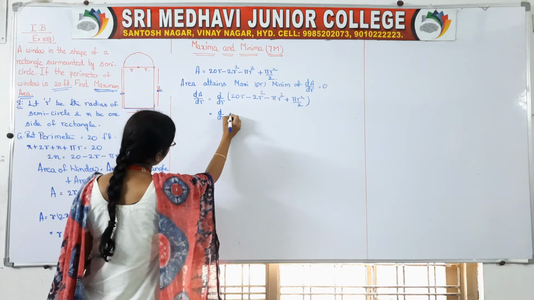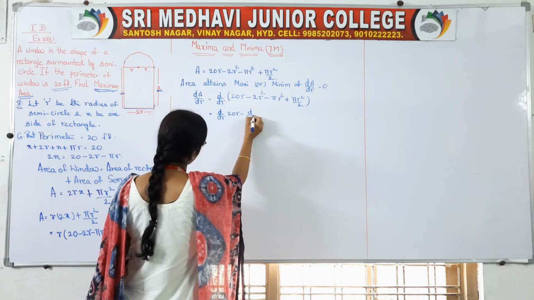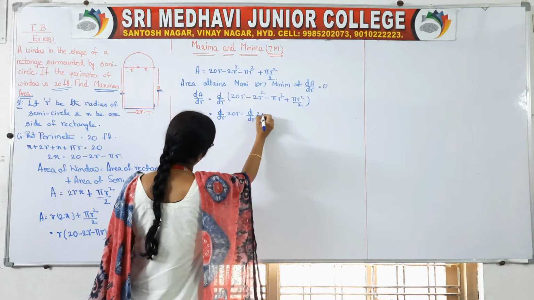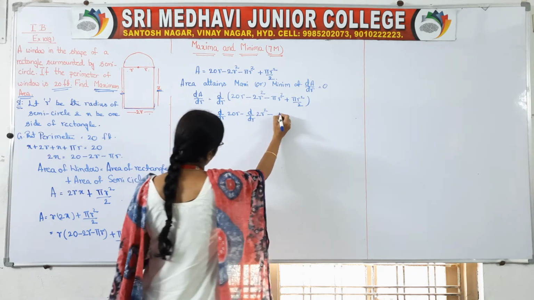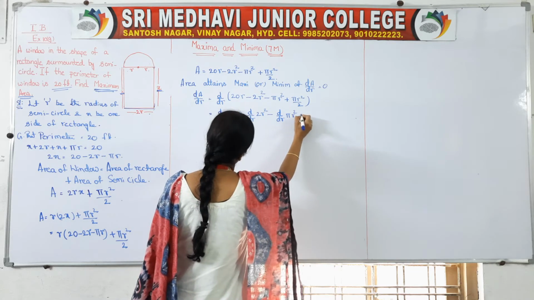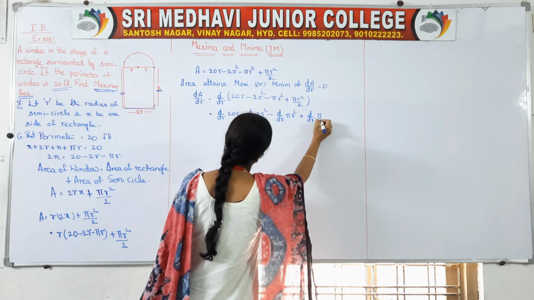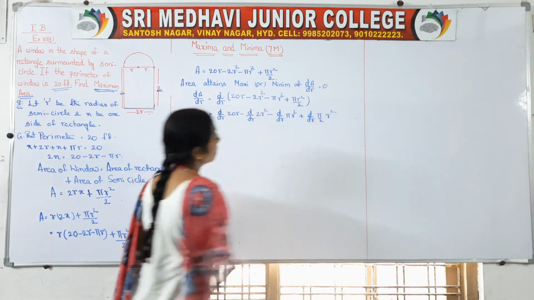You know it very well, isn't it? So, d by dr of 20r minus d by dr of 2r square minus d by dr of pi r square plus d by dr of pi by 2 r square.